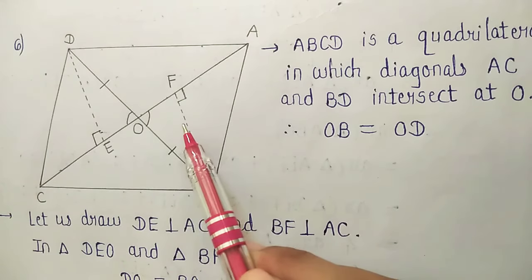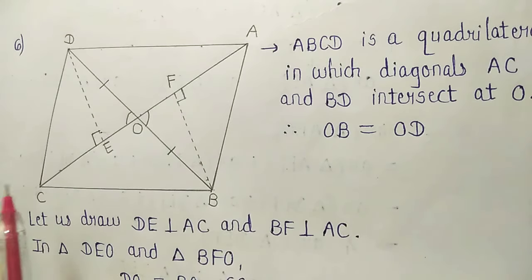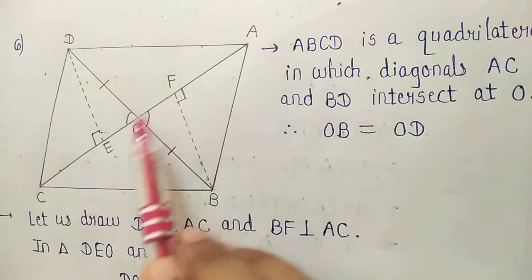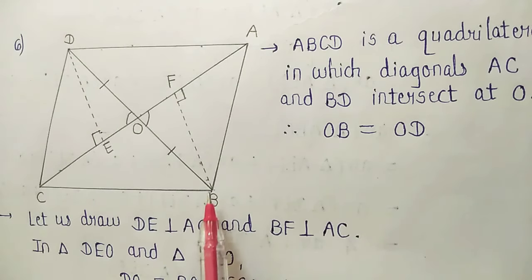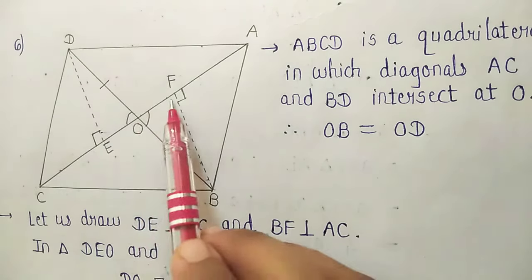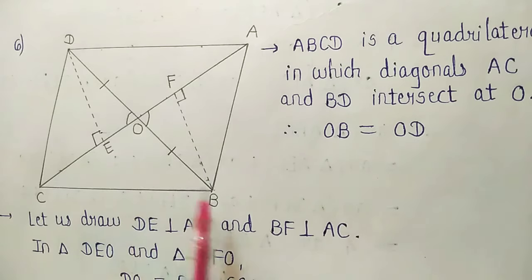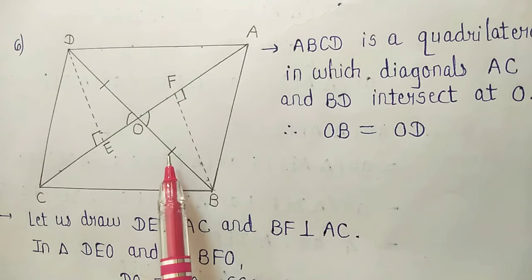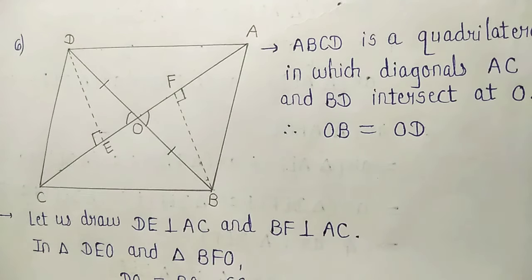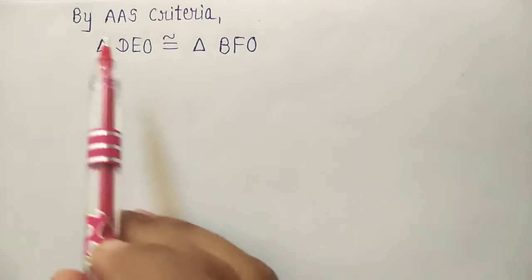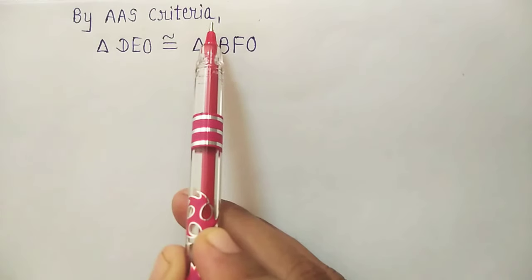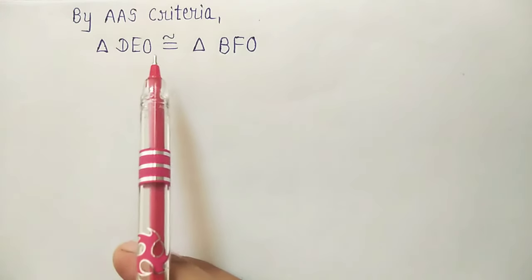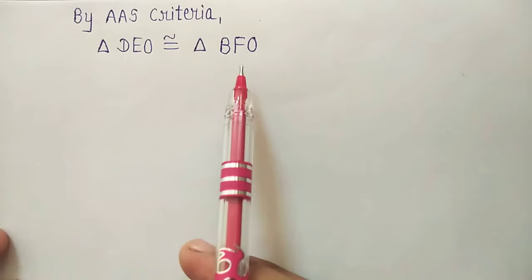If we refer to this triangle BFO, then we have written angle BFO, we have written angle BOF, and we have written OB side. So again it is angle, angle, side. Okay, so we'll write by AAS criteria, triangle DEO is congruent to triangle BFO.